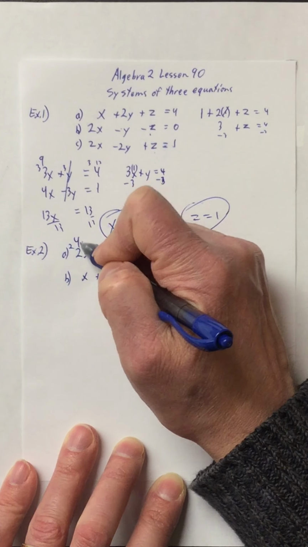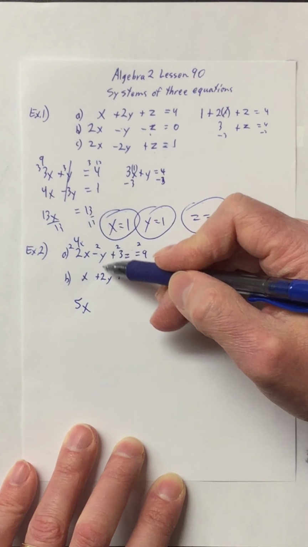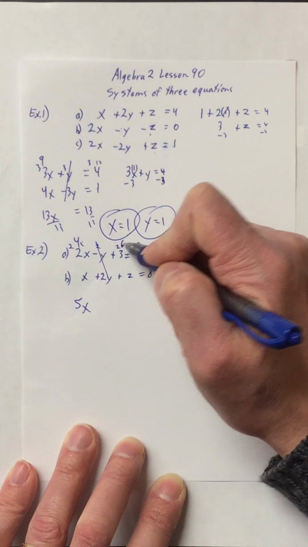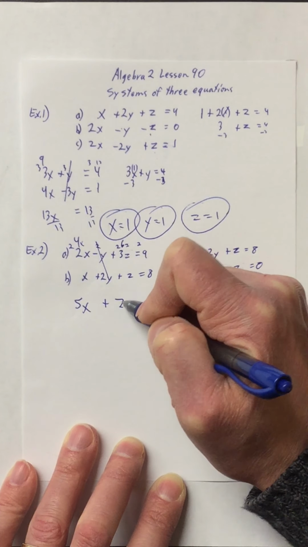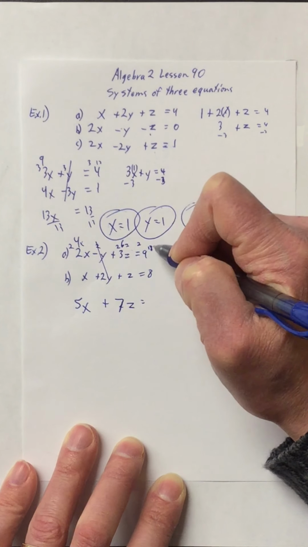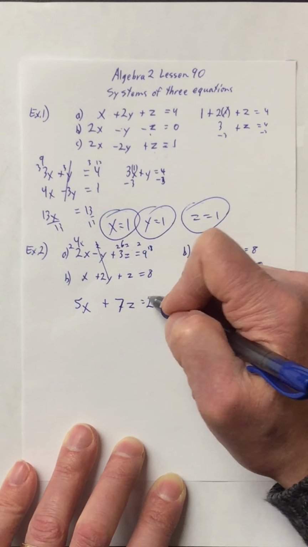I get 4x plus x, which is 5x. I get a negative 2y and a positive 2y, and that cancels. 2 times 3 gives me 6z, plus 1z, so 7z. And that's equal to 2 times 9, which is 18, added to my 8. It looks like I get 26 here.